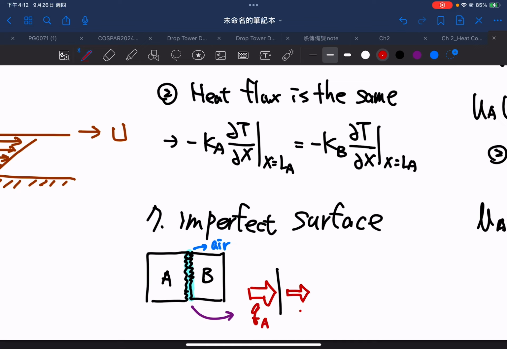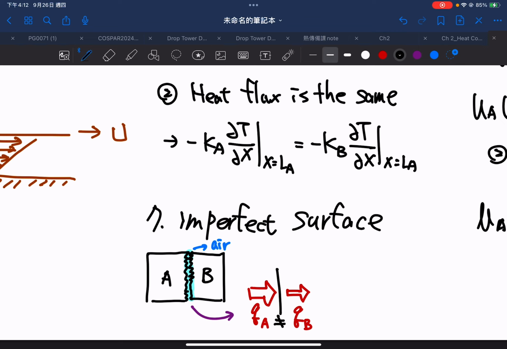the Q_A and Q_B might not be the same. You might want to ask, if Q_A didn't equal Q_B, then we lost one of the boundary conditions.